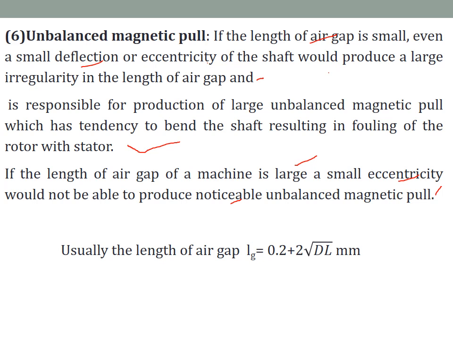But due to manufacturing defects, if in some portion the air gap length becomes less compared to other areas, then when it starts rotating, a large unbalanced magnetic pull occurs in the area where the air gap length is minimum.